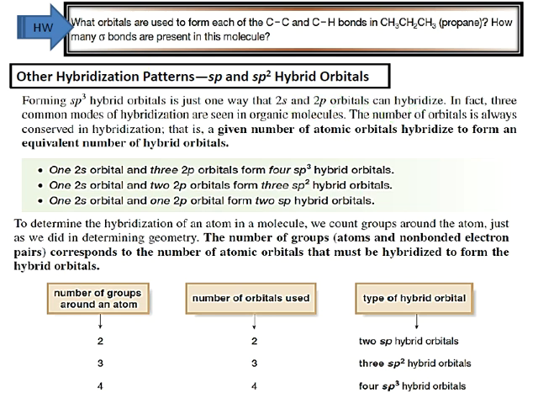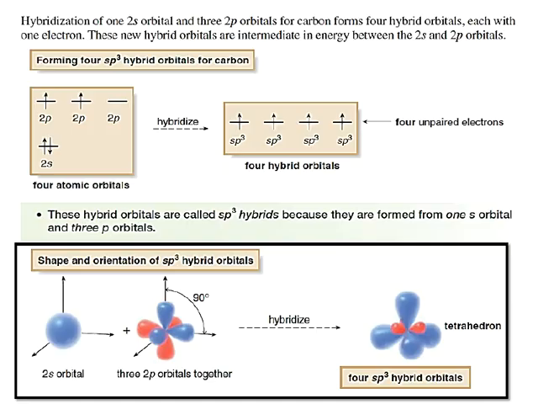Look, we have 1 s and 3 p. That means it will be sp3. This type of hybridization is called sp3. That means 1 s and 3 p are mixed together to give you 4 new orbitals.